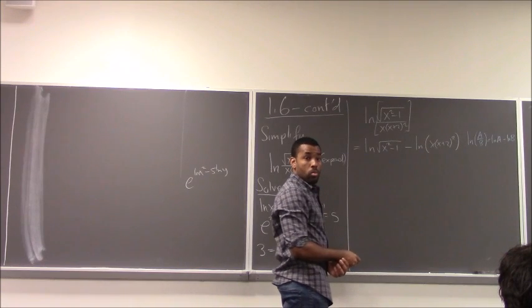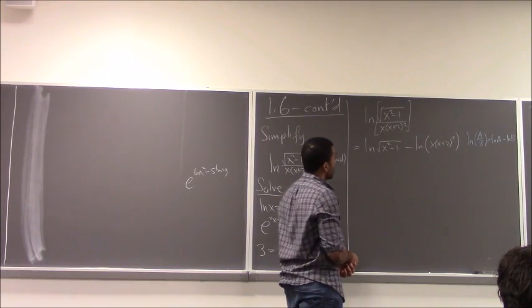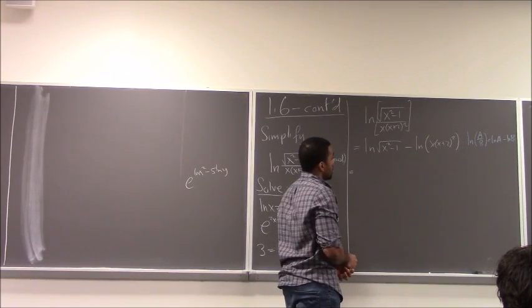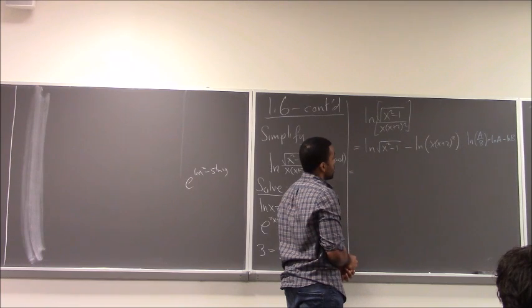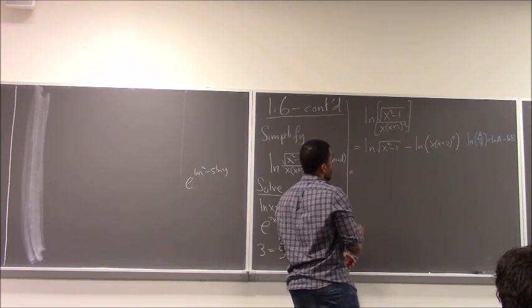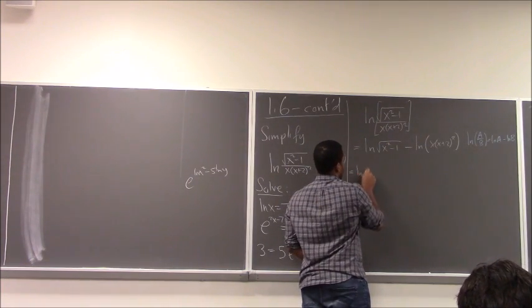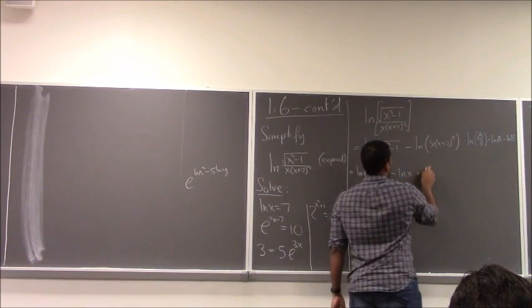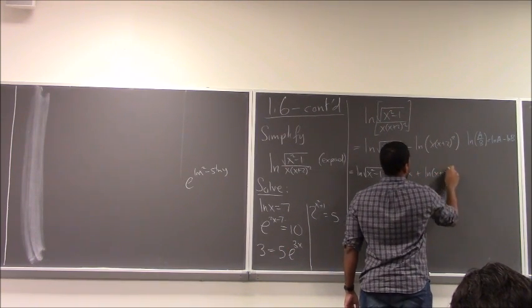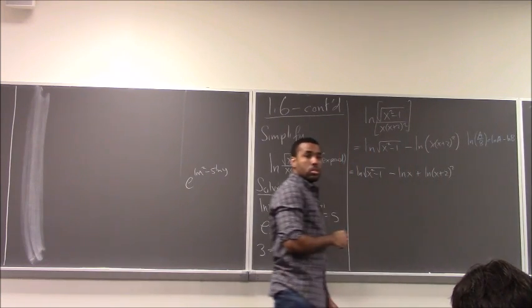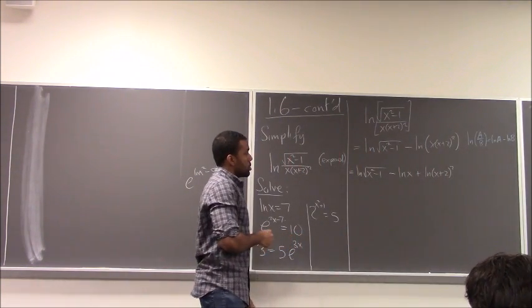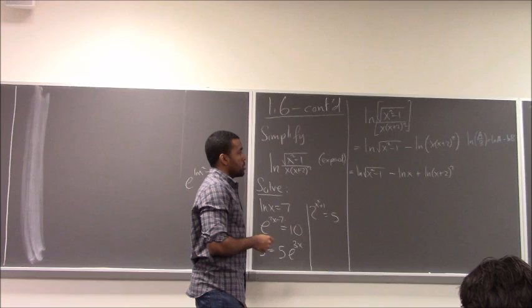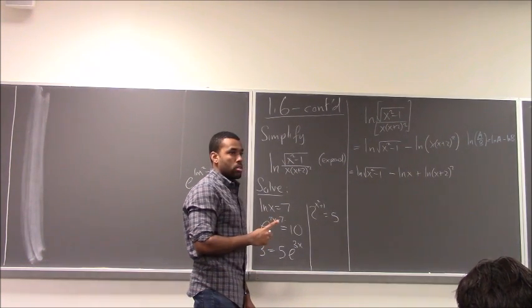Continue expanding. So ln radical x squared minus 1, minus ln x plus ln of x plus 2 squared. And then you can take out the exponents and put them to the front. But is that okay so far?